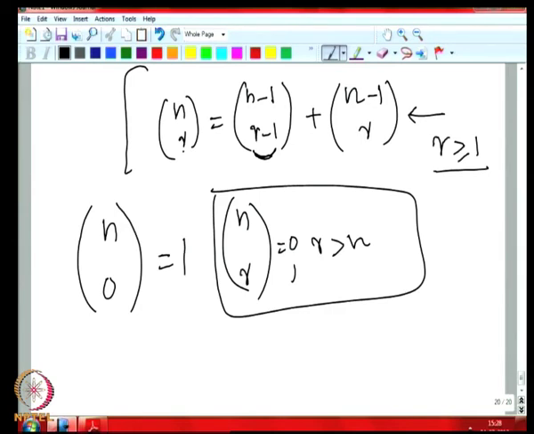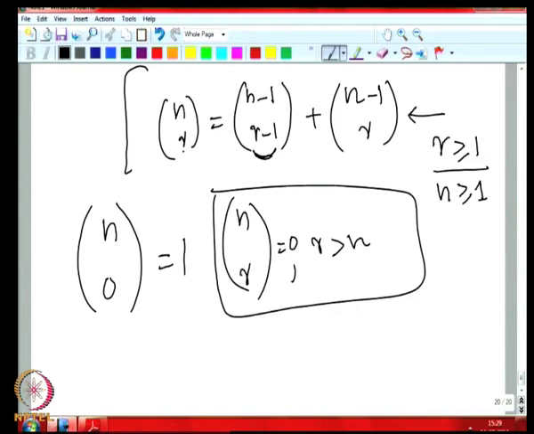And similarly, we can say that for n equal to 0, out of 0 objects we want to select r objects. Then this recurrence relation will not work, because we will be talking about selecting something out of minus 1 objects. So, that also we are not assuming, we will assume that n is greater than or equal to 1, right. If n equal to 1, that is fine, because we want to select r objects out of 1 object.